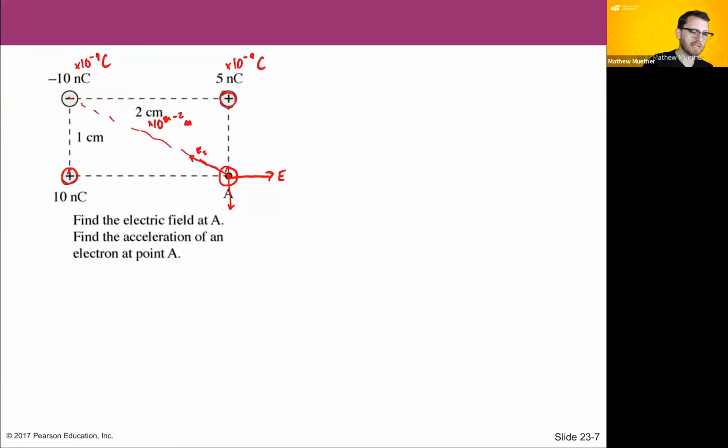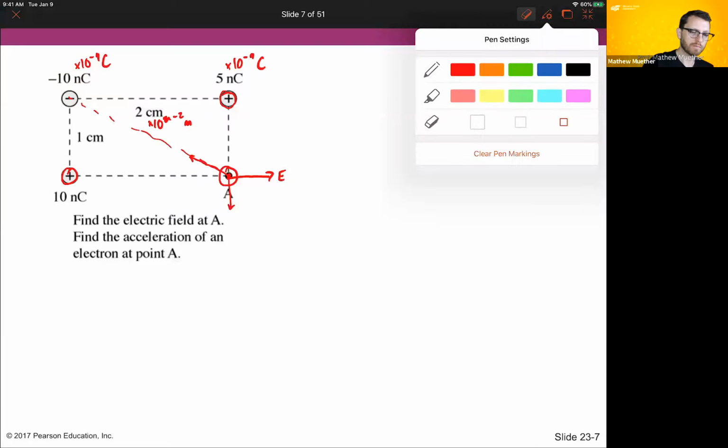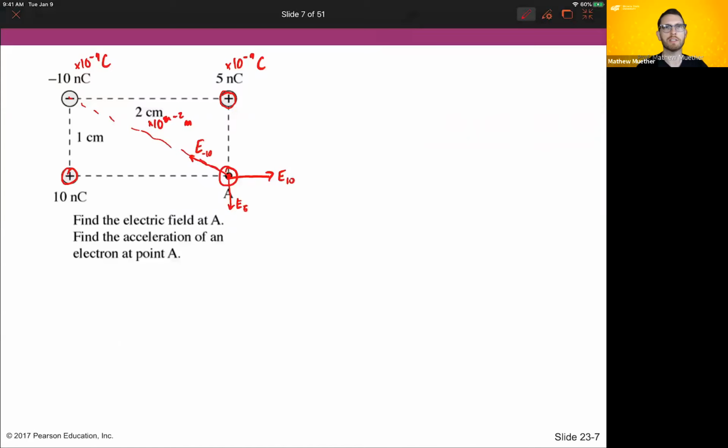Let's call this one E minus 10 for that negative 10 charge, this one E10, and this one E5. Right, and what I would do graphically is sum all those vectors together to get the total electric field.